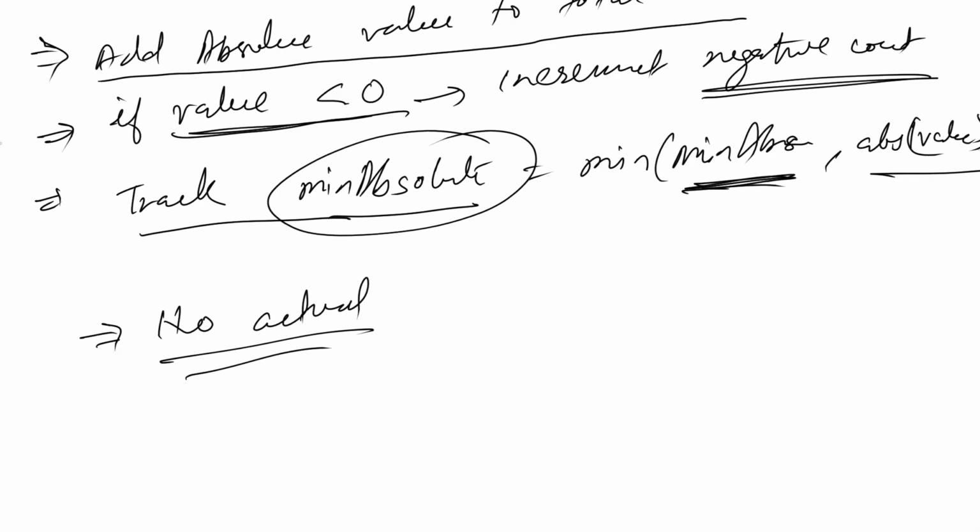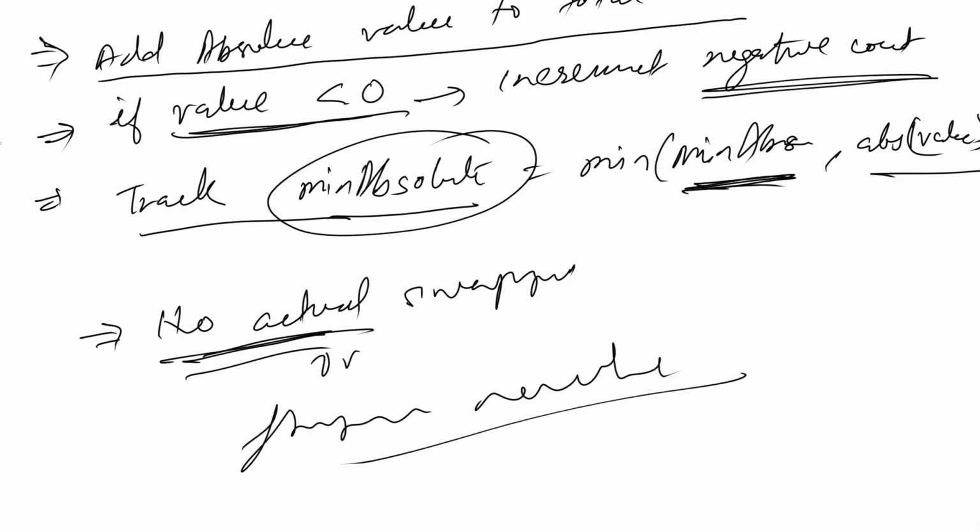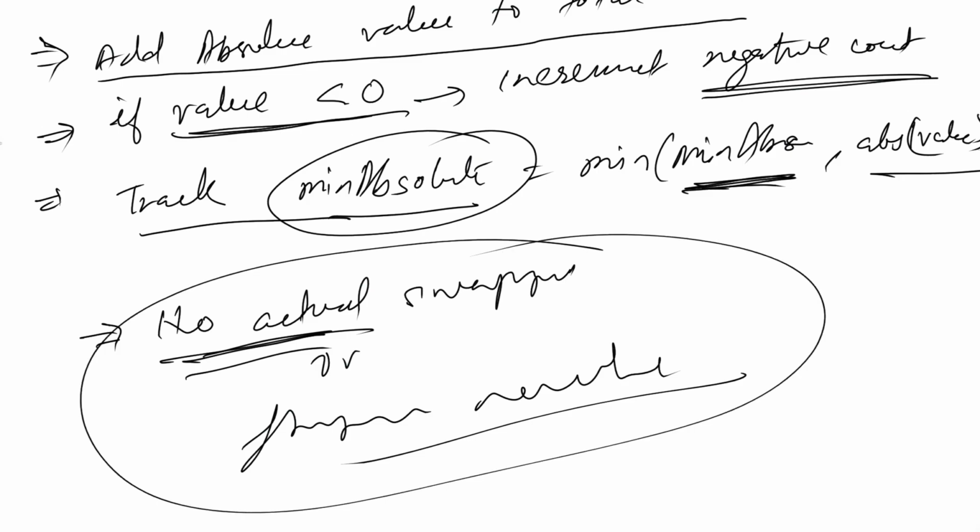So no actual swapping or flipping is needed. Instead of simulating the operations, the operation only affects the sign, so the magnitude never changes. This is what we understand. So we will take all the values as positive and find the absolute sum, and we'll fix the parity issue if the negative count is odd.